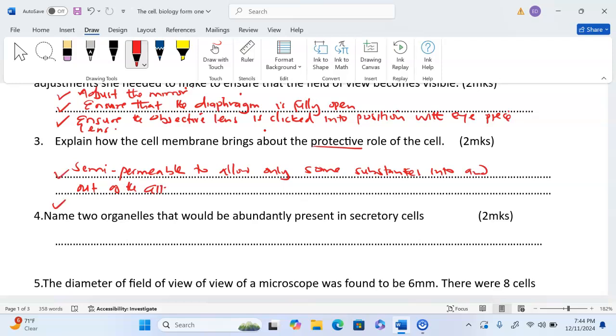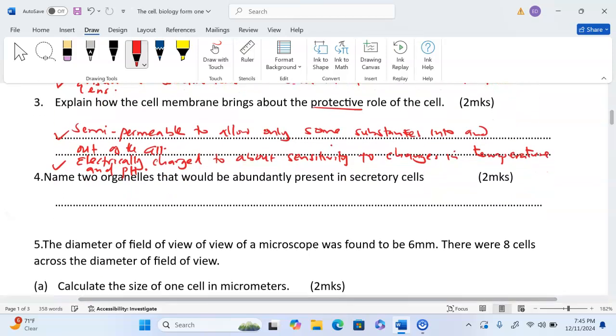We also know that the cell membrane is electrically charged, to bring about sensitivity to changes in temperature and the pH.